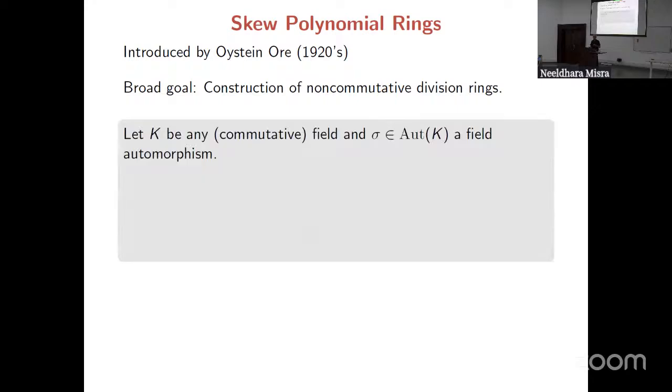So let's understand the definition. K is any commutative field. K is either a finite field, integers modulo p for a prime p, or the rationals. Sigma is an automorphism of K. What is that? It basically means sigma is a mapping from K to K that is one-to-one, onto, and preserves the field operations.